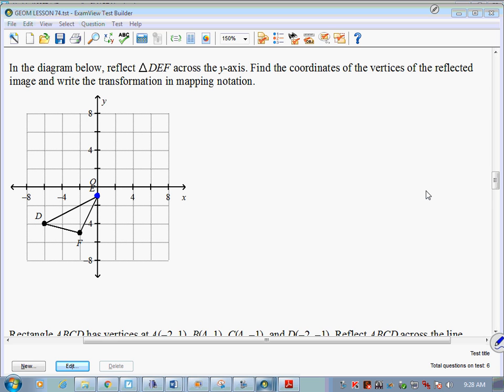Okay? So then we have to decide, I'm going to get some volunteers for this. Let's see. Aaron, can you come and put F? Can you reflect F across the y-axis? Okay, so here's F, and here's my y-axis.